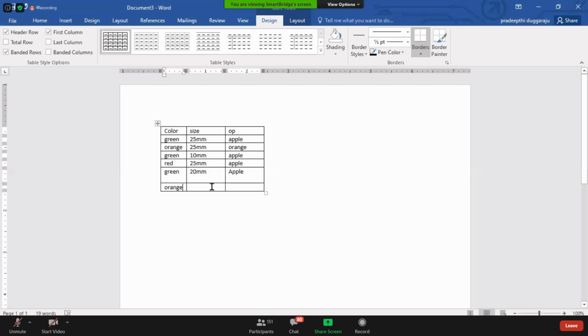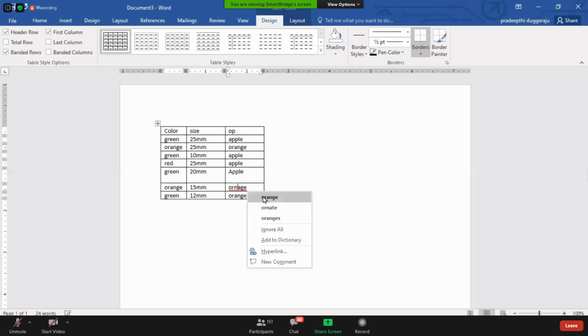Orange, 15 mm. Orange, green, 12 mm, orange. So green oranges will also be there, right? Fine. So this is the data set that I have, let's suppose.